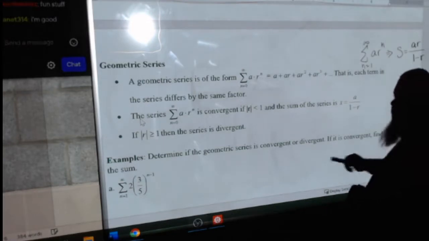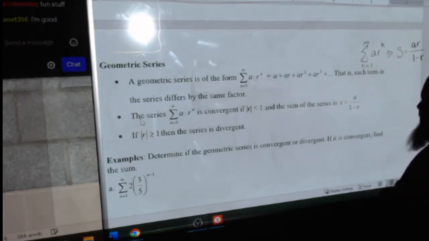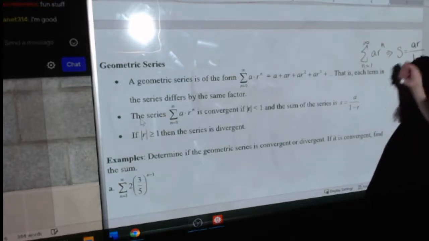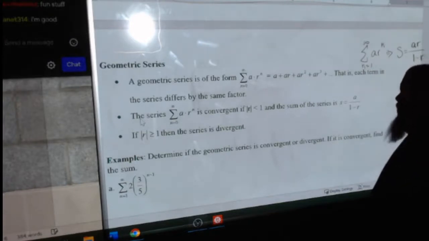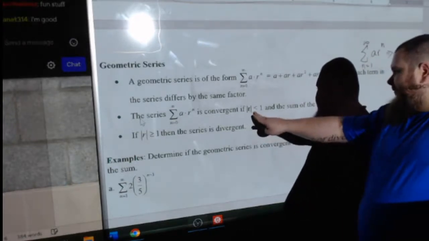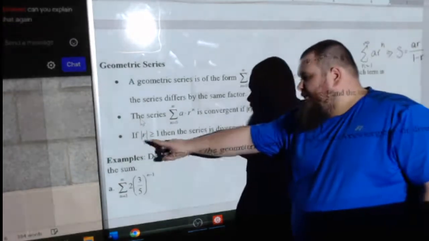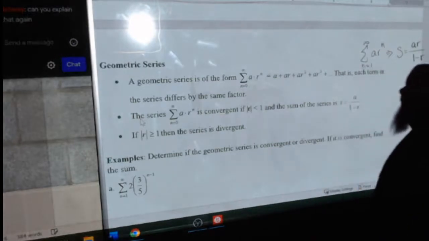Okay, so all the ones in the packet are previously written starting at 1. I'm going to change a few of them as we go, just so you can decide when to use which one of these. So, a geometric series converges if the absolute value of r is less than 1, and it diverges if the absolute value of r is greater than 1.